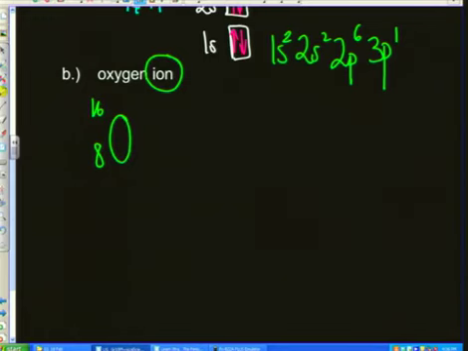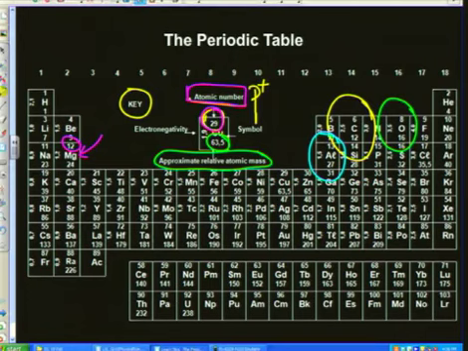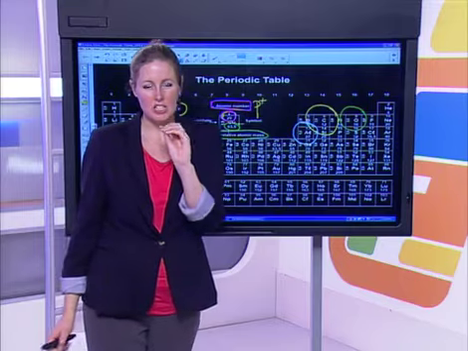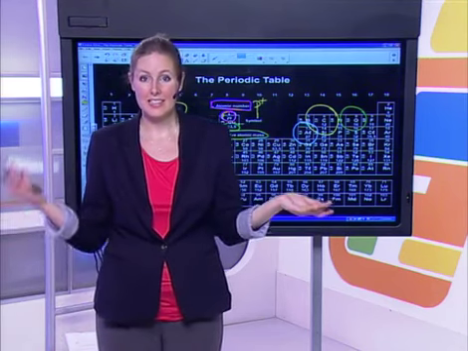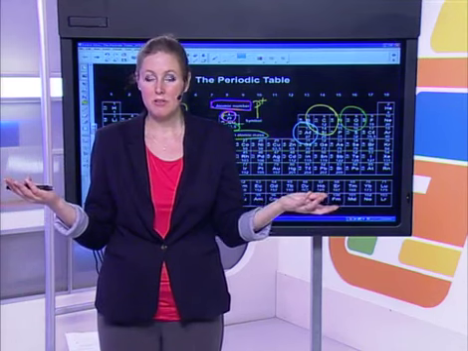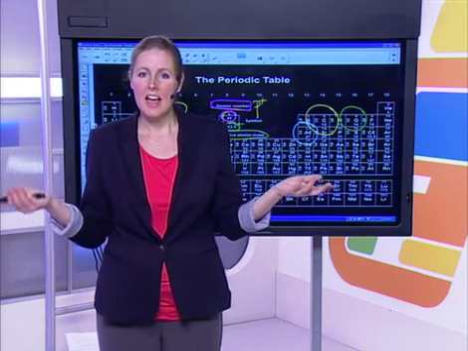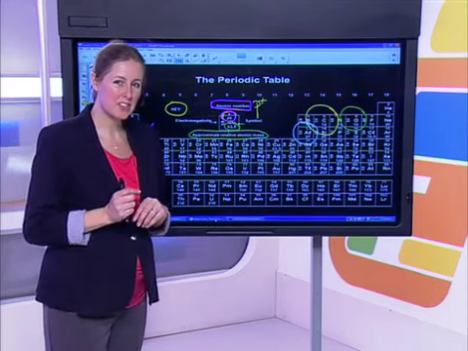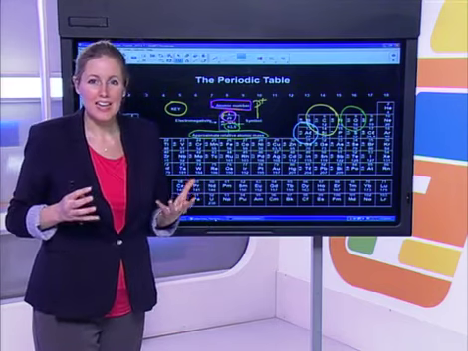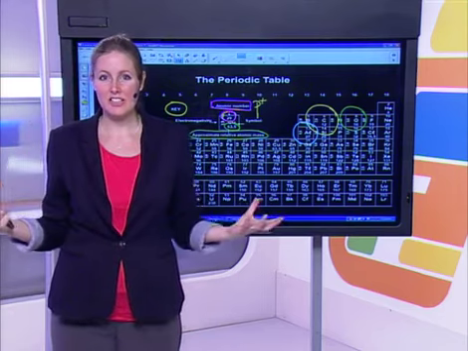What does that tell me? Well, if this is an oxygen ion, it's not got the same number of protons as electrons. Instead, it's going to have more electrons. Why would it have more electrons? Well, what are we trying to get to? A filled outer energy level.